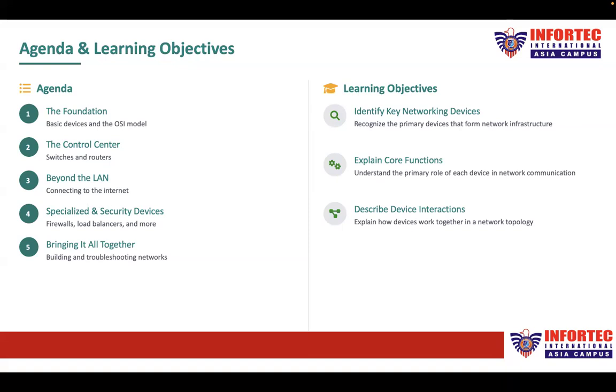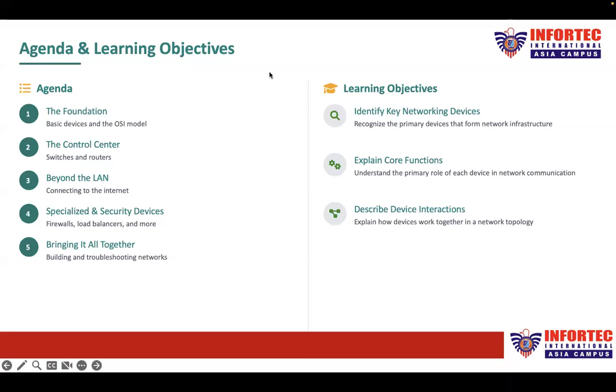Under that, we will be discussing firewalls, load balancers, and more. Finally, I want to take all these things together and give you the overall idea. These are the things I'm going to discuss in today's session.